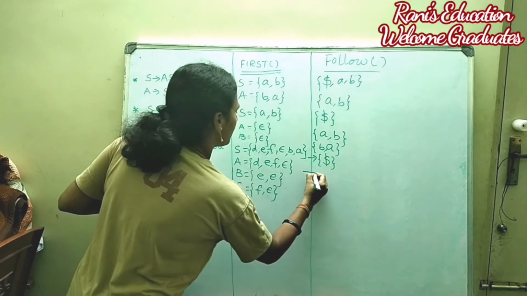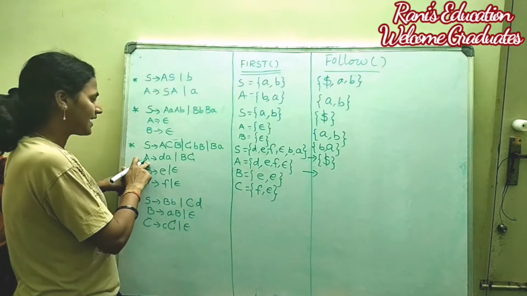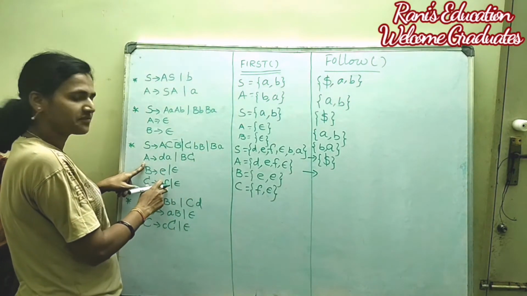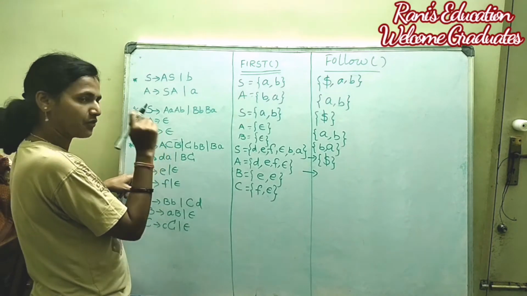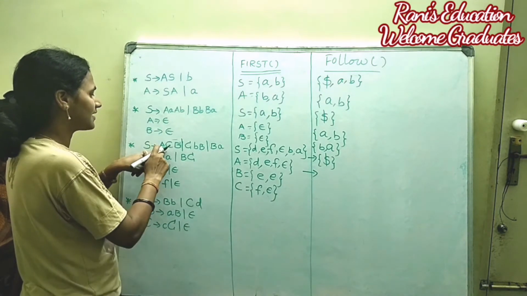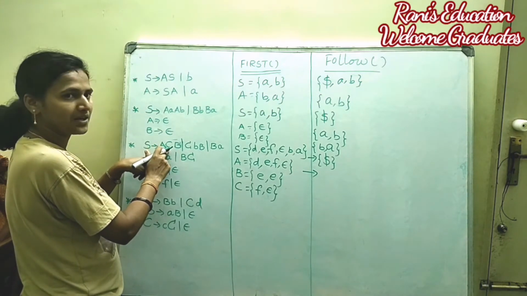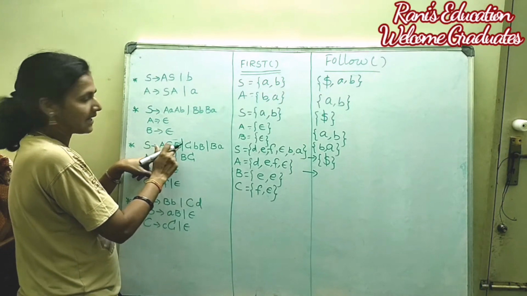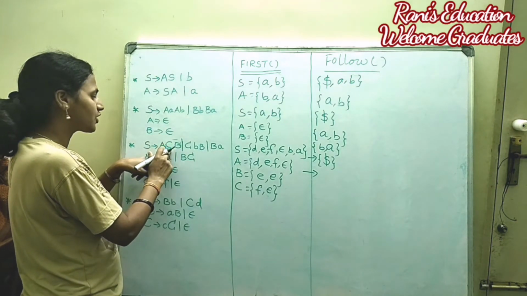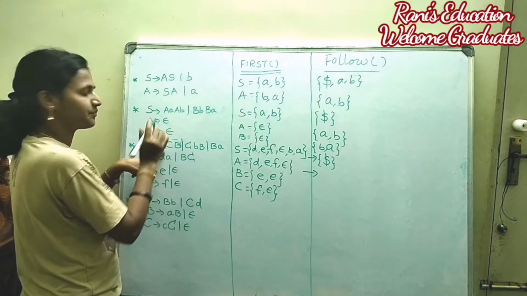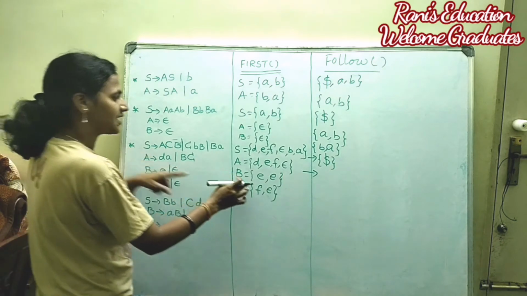Now move on to follow of A. Whether A is defined anywhere in the RHS of the productions? Yes, we have only one such production. So what are the immediate grammar symbols after this non-terminal A? C and B. So first you need to compute what is first of C. What is first of C here?